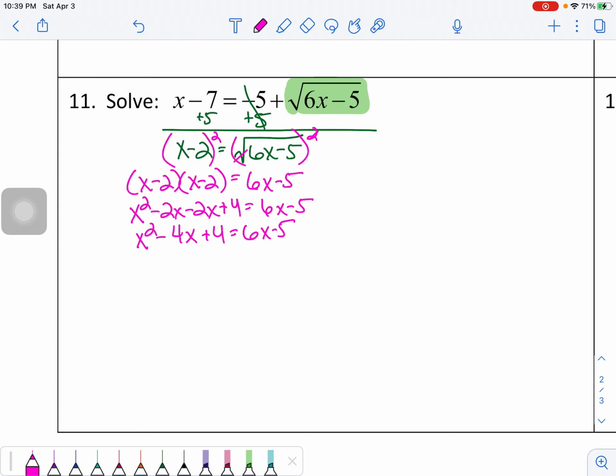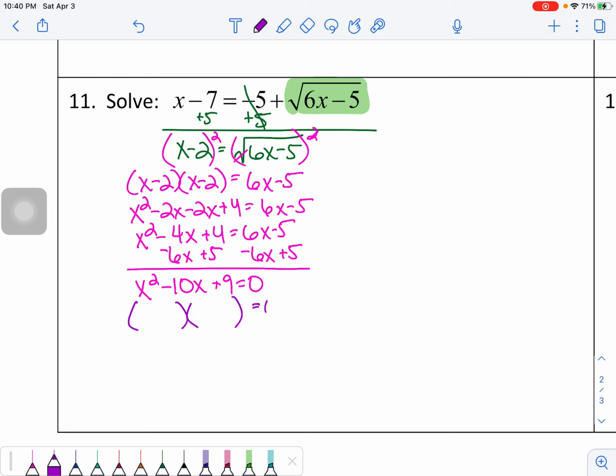Now, again, we have a quadratic here, so I'm going to get rid of the right side in this case. When I do these problems, I'm always looking to keep the x squared positive because that's easier for me to factor. So speaking of factoring, what multiplies to 9 and adds up to negative 10? That's going to be negative 9 and negative 1.